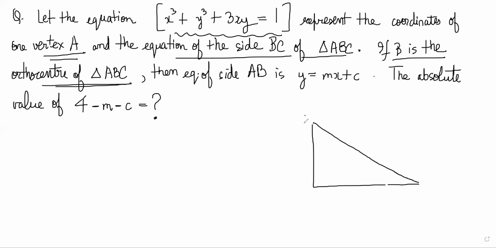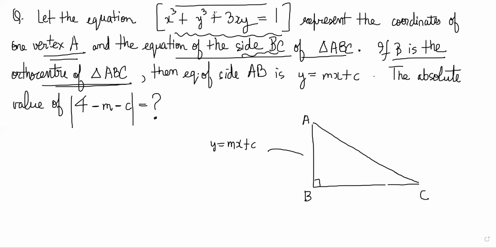It has to be like this, if B is orthocenter. And they have told that the equation of AB is y is equal to mx plus c. And the equation of side BC is hidden in this, and vertex A is also hidden in this. You have to find somehow the absolute value of this.